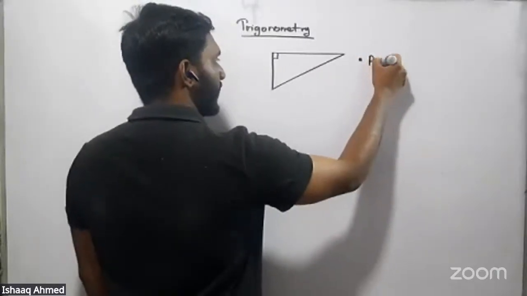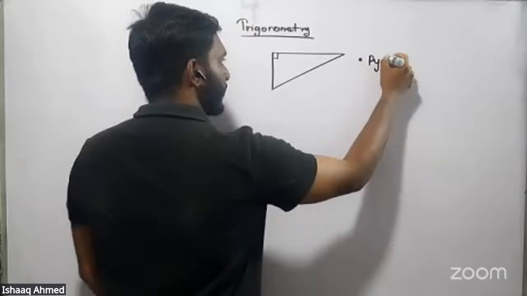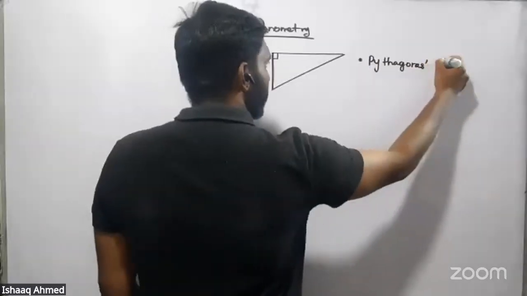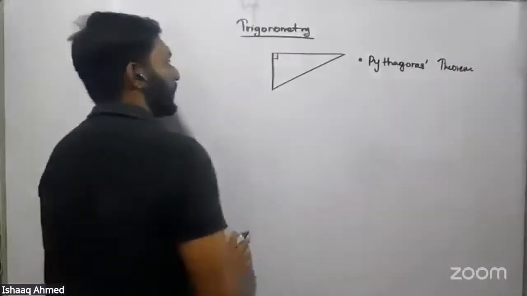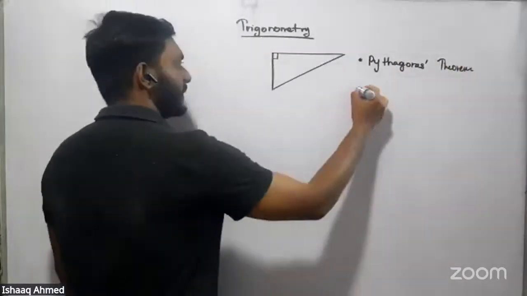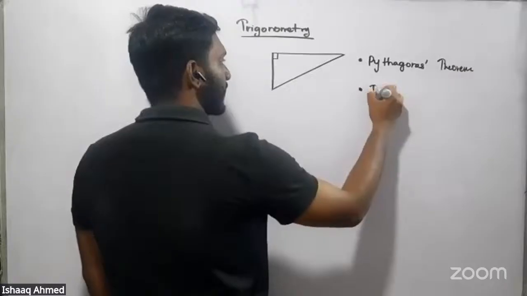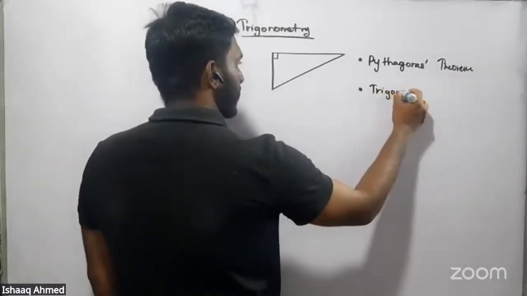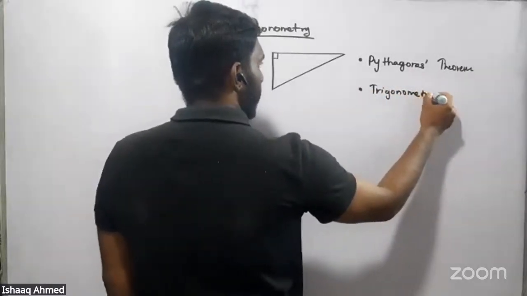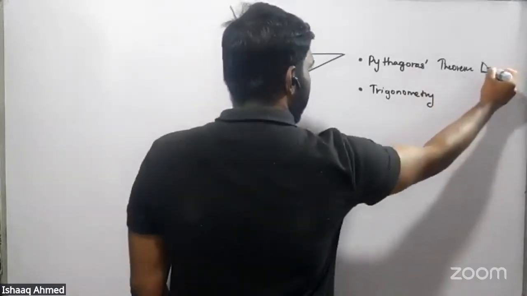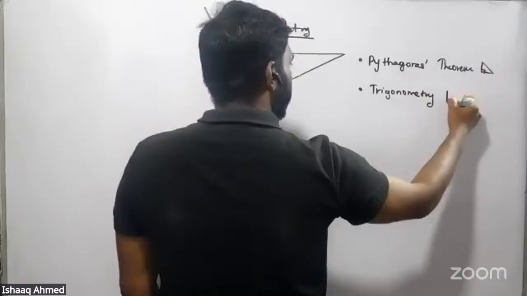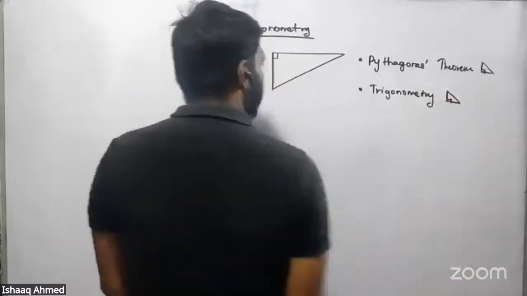One is your very known, very famous Pythagoras theorem. Second thing that can be used in a right angle triangle is trigonometry. Just like how Pythagoras theorem can only be used on a right angle triangle, trigonometry also can be used only on a right angle triangle.